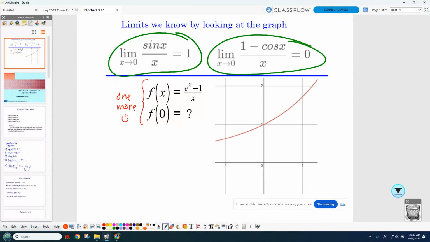I showed you this one. You don't need to memorize it. You will eventually learn L'Hopital's rule, and you won't have to use it. You can solve it using L'Hopital's. Same deal with this one, but I need this for a proof I want to do in a second. So, looking at it, where does the limit of the function go as x goes to 0? 1. Okay, cool.